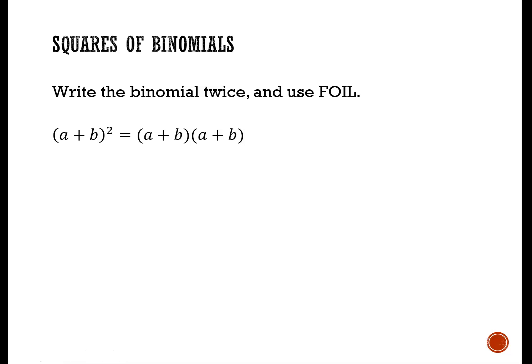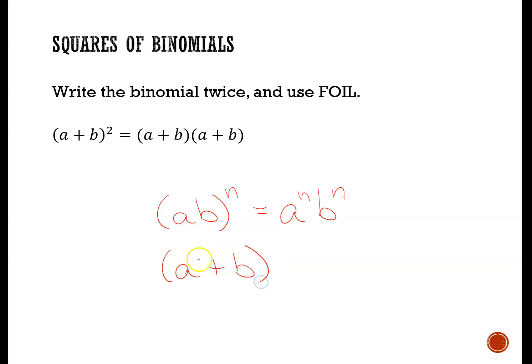Next, let's talk about squaring a binomial. When we learned our exponent rules in 1.3, we had a rule that said a times b to the n equals a to the n times b to the n. And a lot of students want to apply that rule when you have a binomial, when you have two separate terms.